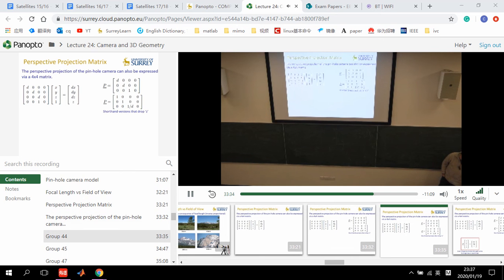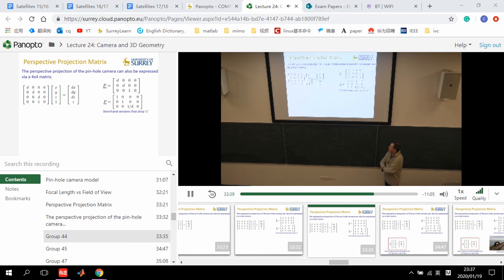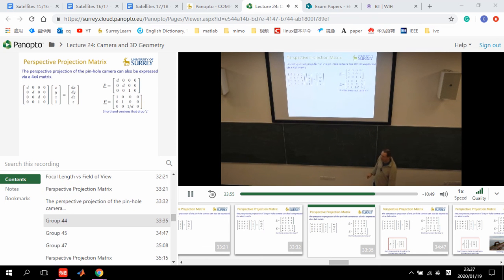I just wanted to say that sometimes in textbooks you'll see this expressed in two alternate ways, and indeed even in these slides you'll see it expressed in the first way, where instead of having a 4x4 matrix encoding this perspective projection, we actually have 3 rows instead of 4. We've omitted the third row, the z coordinate row.